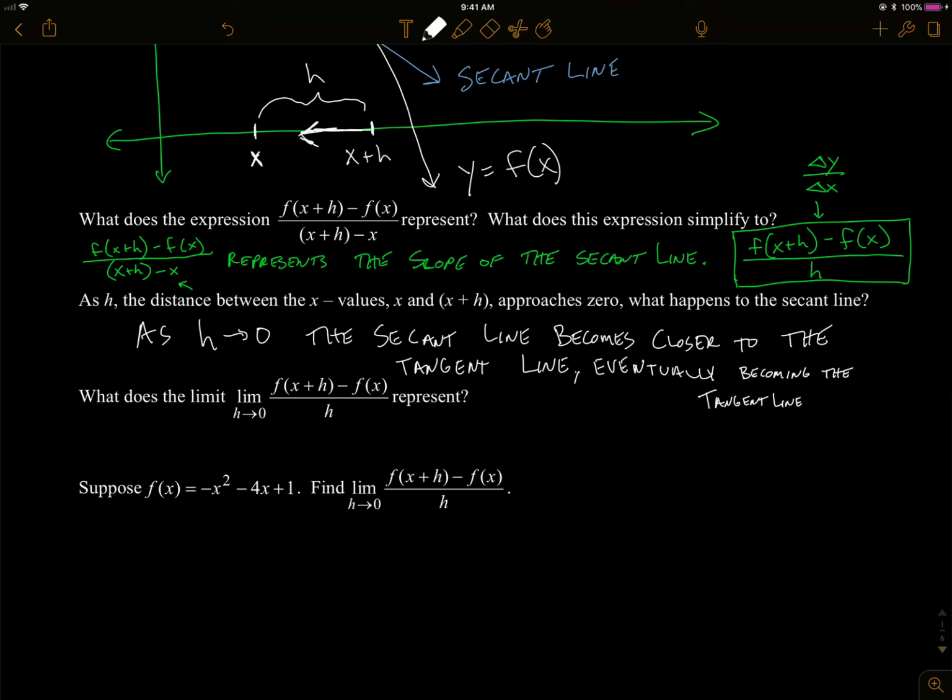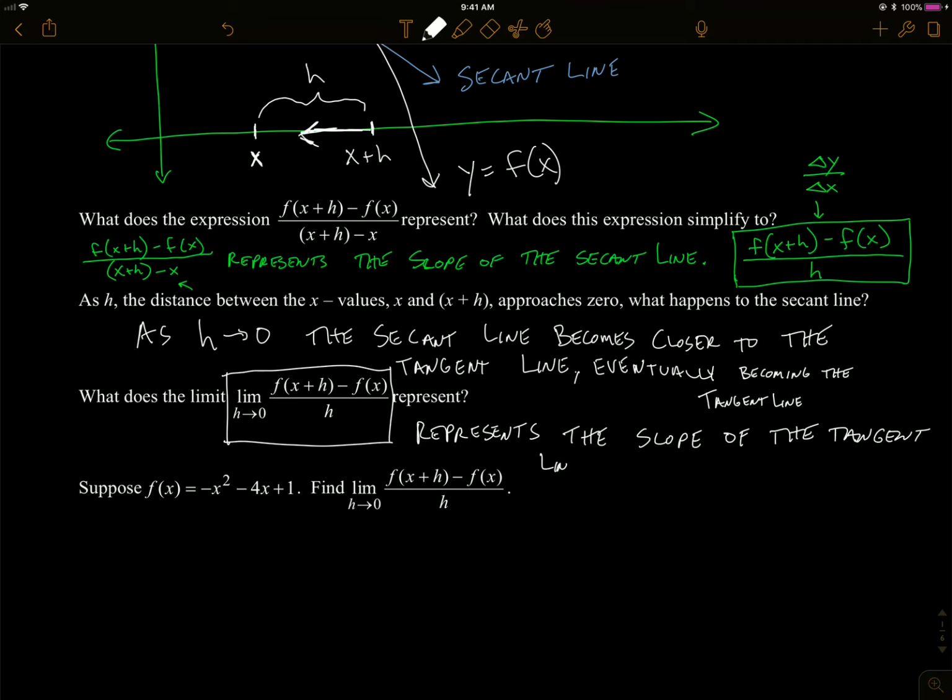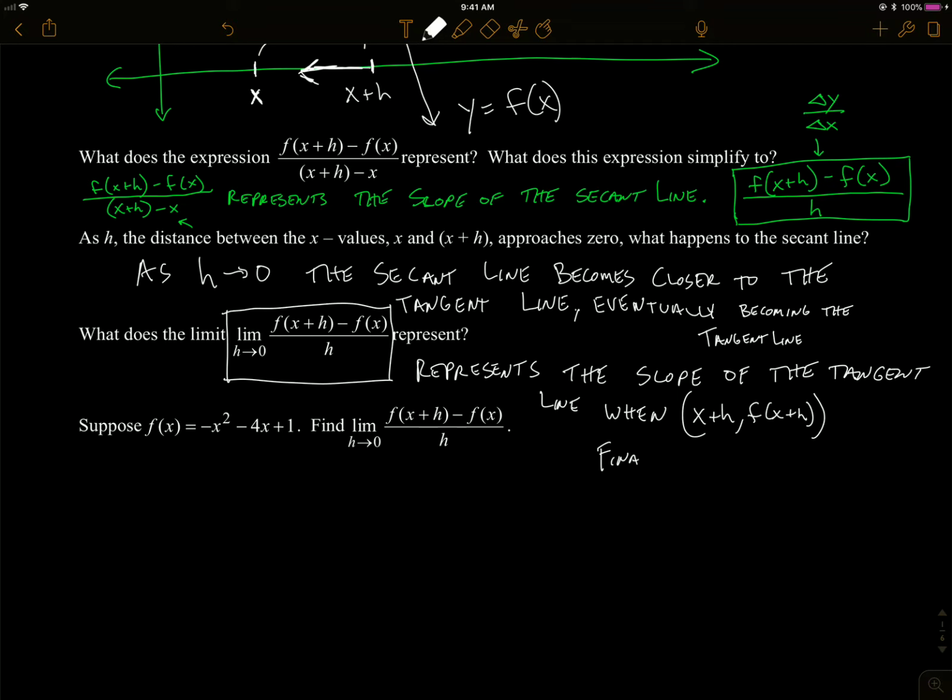So the limit as h approaches 0 of that expression represents the slope of the tangent line when x plus h, this point, f of x plus h, when that point finally becomes the same point as x, f of x.